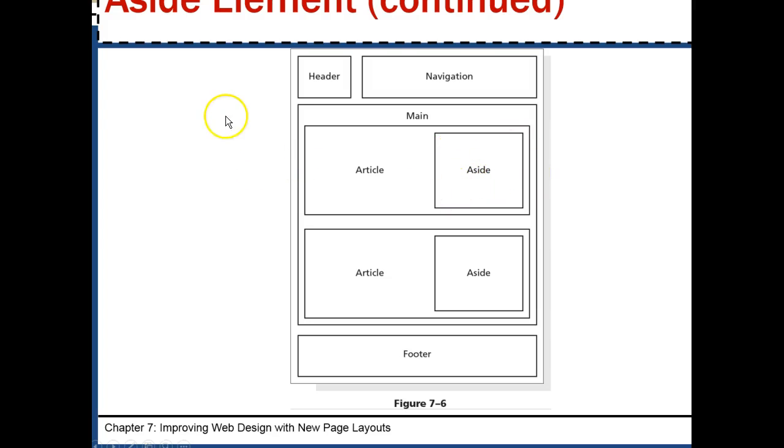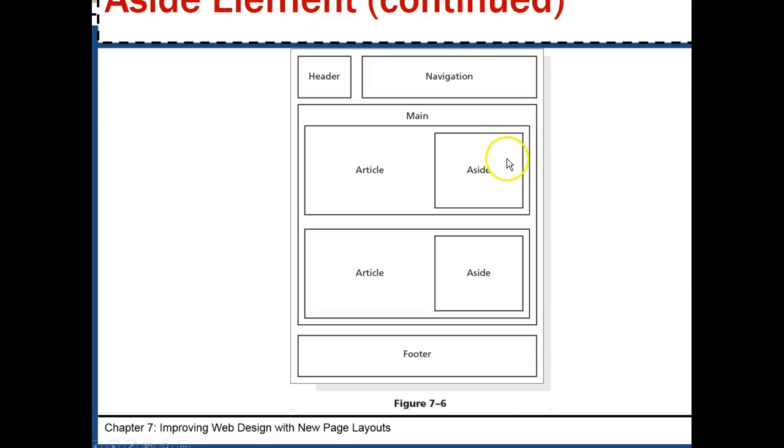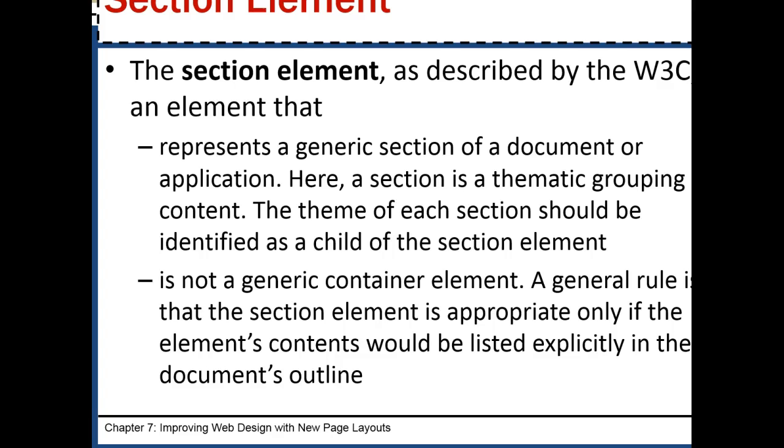So let's say maybe that's the recipe, you have the article about the recipe, and here maybe you have some of your ingredients on the sidebar. So this is kind of like a sidebar of the website, if you want to think about it. There are more figures that you can look at in your book, like figure 7.7. You can see exactly how something created with an aside element looks.